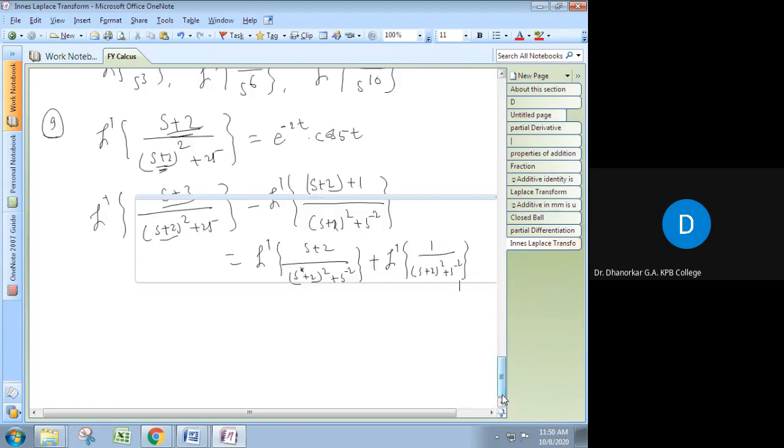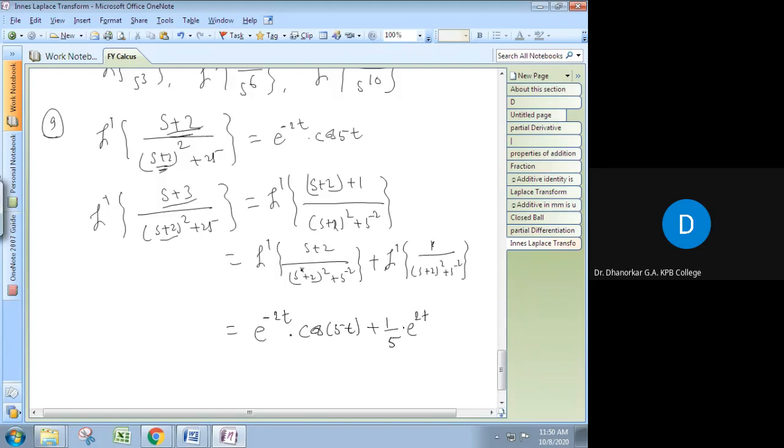Again here, this is for sine. Okay, this is for sine. Here should be 5, here should be 5. Therefore, we have to multiply and divide by this. Again, I will take this 2 outside. For that, we have to multiply by e raised to minus 2t into the remaining term, which is cos of 5t, plus we have to multiply by 5 and divide by 5 into e raised to power minus 2t into sine of 5t.